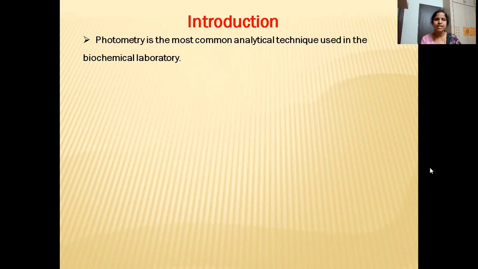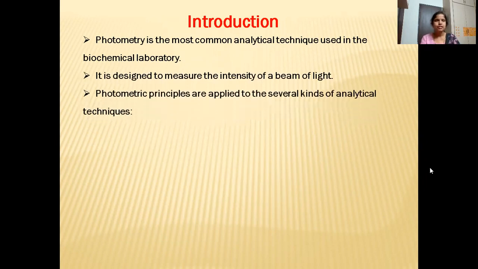Photometry is the most common analytical technique used in the biochemical laboratory. It is designed to measure the intensity of a beam of light, and the principles are applied to several kinds of analytical techniques. The same principle we apply for colorimetry and even spectrophotometry, any IR, UV, anything it may be.